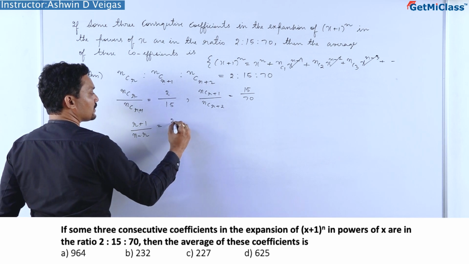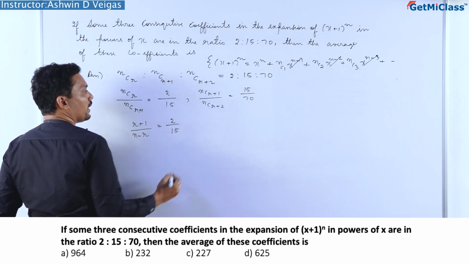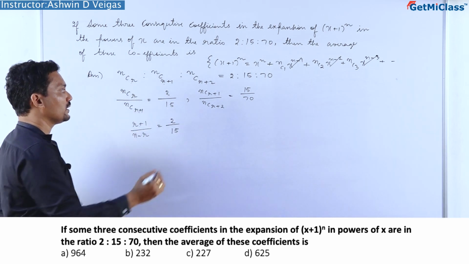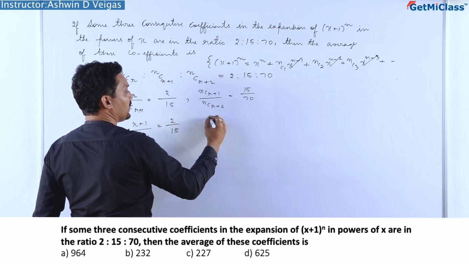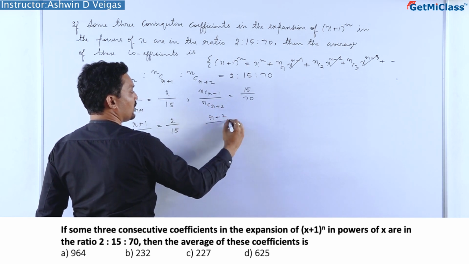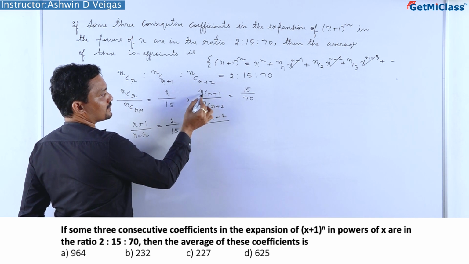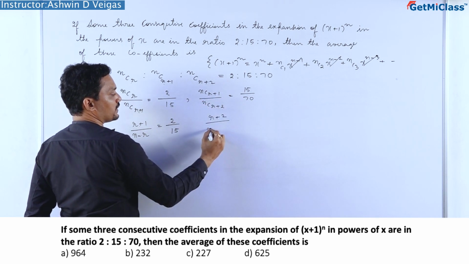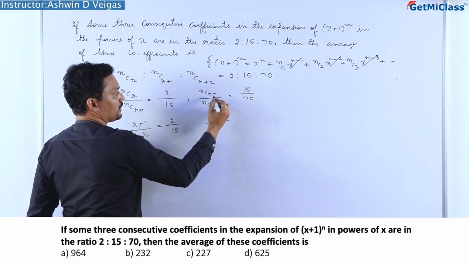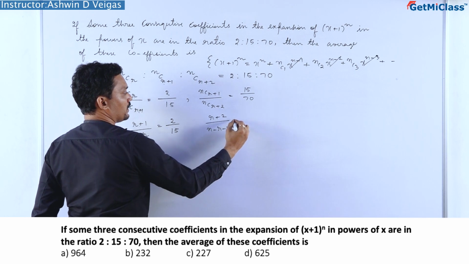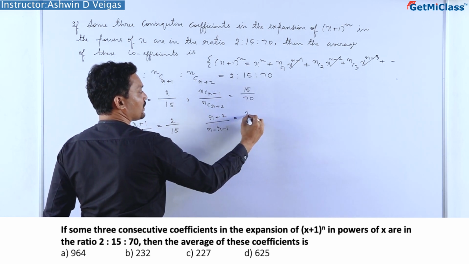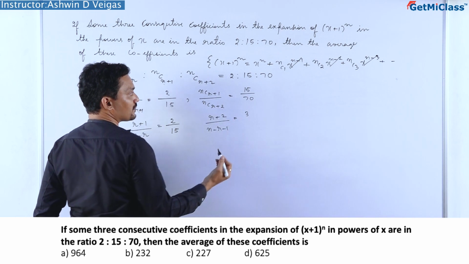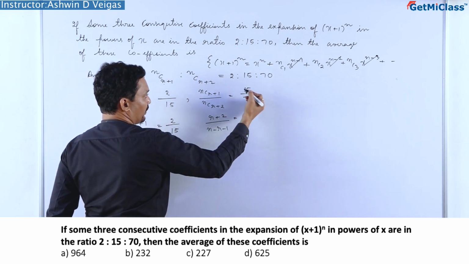This is given as 2/15. And the same way you can do it here, nC(r+1) by nC(r+2). So, the bigger index is r + 2 divided by n minus r minus 1, equal to 15/70. You can cancel 5 if you want.